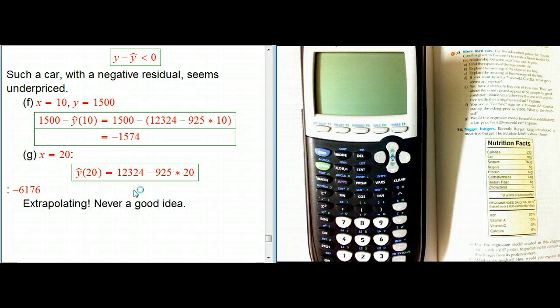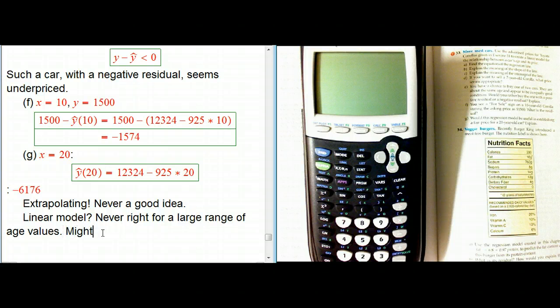There's another reason, though, I think that's a little bit suspicious, is we were using a linear model, and we could have already said a linear model could never possibly be right for a very large range of age values. Never right for a large range, because it would always have this problem. It would be a negative slope line, and that's always going to hit the x-axis and turn negative.